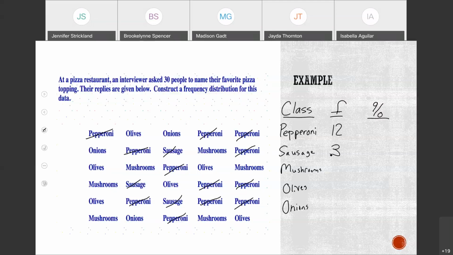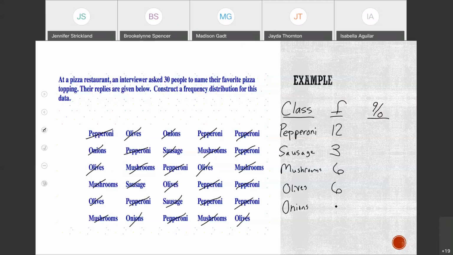Let's see. 1, 2, 3, 4, 5, 6. Yep, 6, thank you. Olives, 1, 2, 3, 4, 5, 6. And then onions, 1, 2, 3. Yes, 3 is on the bottom, thank you.